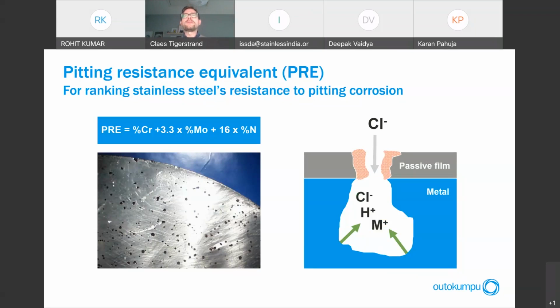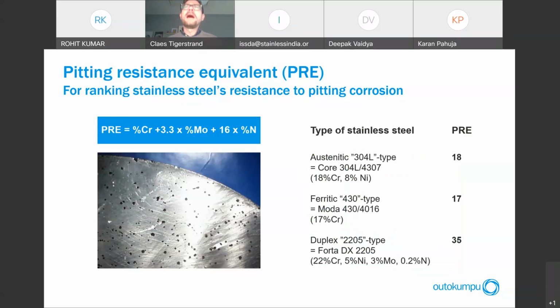The pH will drop, so it goes faster, will accelerate, and eventually actually can grow through the whole thickness of your steel plate and create a leakage, for instance. So really, this is something that shouldn't happen, and illustrates why it's so important to select the correct grade, to have the right alloying composition for the environment, and that is really to avoid initiating the pitting.